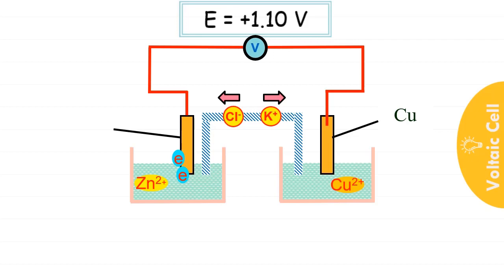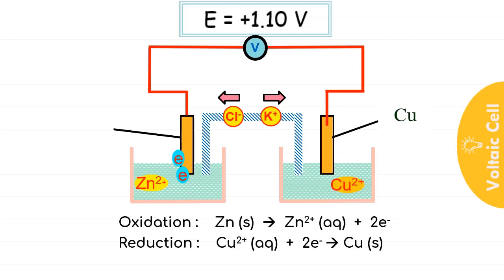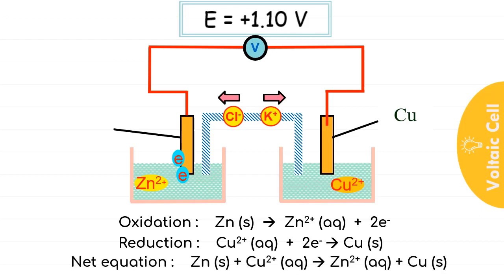We know that zinc will undergo oxidation and copper will undergo reduction. Now, we will put these 2 half-cell reactions together to get a net ionic equation which shows the overall oxidation-reduction reaction via elimination of electrons.